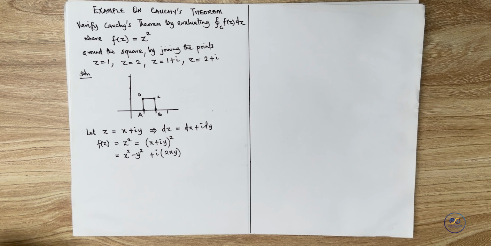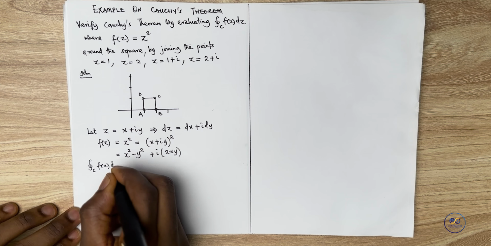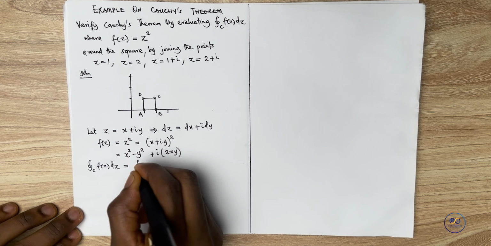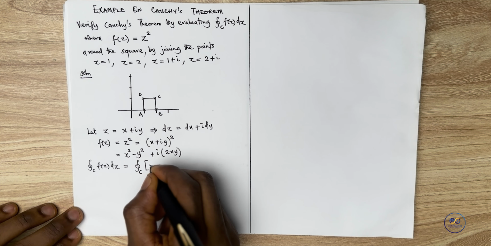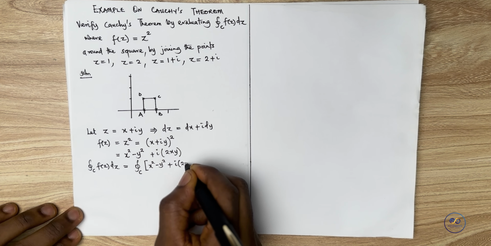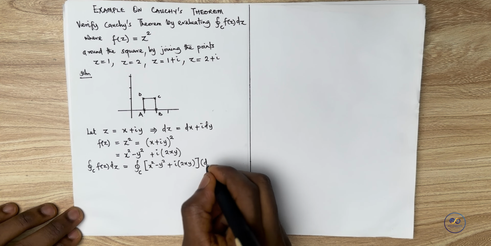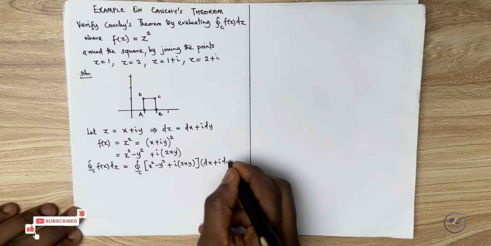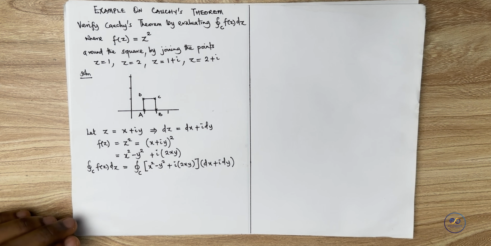Now put this all together. The integral over c of f of z dz would simply be the integral over c of the function x squared minus y squared plus i 2xy multiplied by the differentials, which is dx plus i dy. Then we can expand this so that we can have the real part of the integral and the imaginary part of the integral.